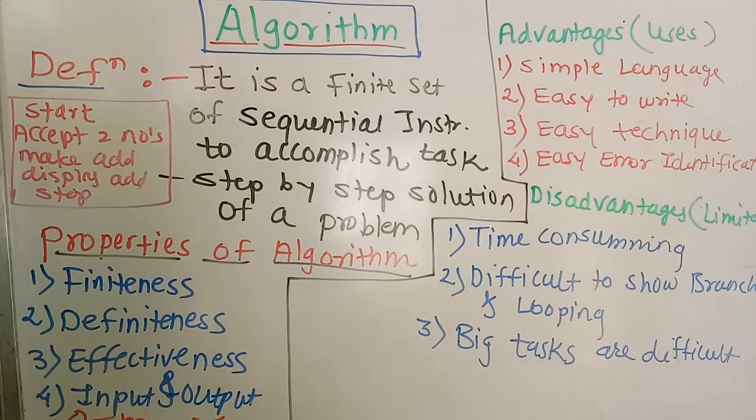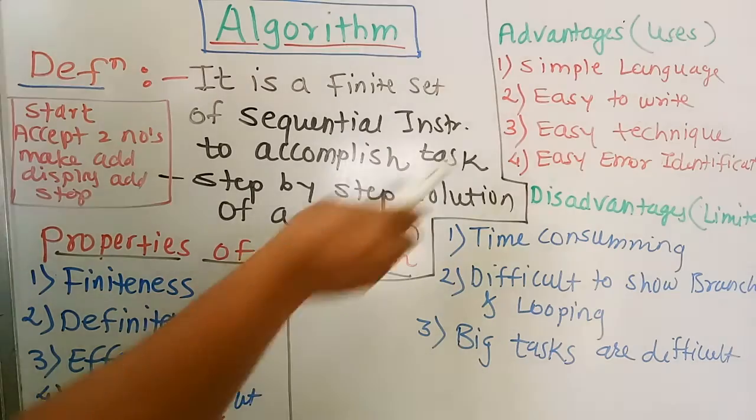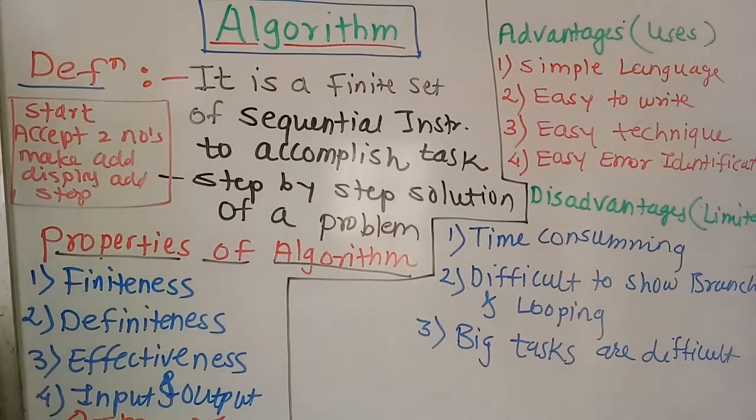Coming to the next topic, we have to see some advantages, meaning some uses of algorithms, and some limitations, meaning the disadvantages of the algorithm. Firstly, we will see the different advantages. First, it is a very simple language, meaning you can write the algorithm in plain English.